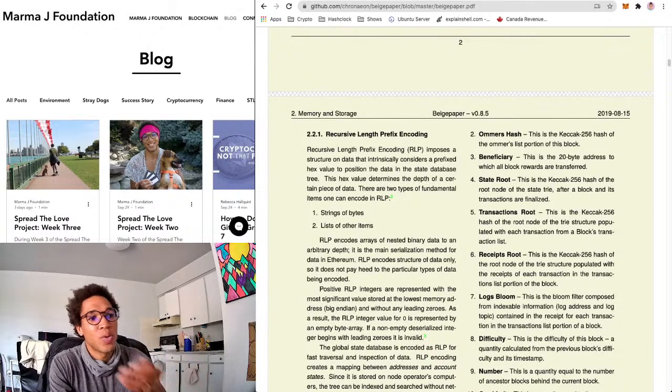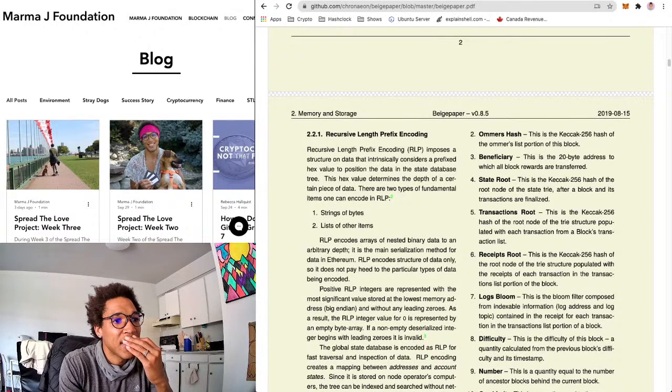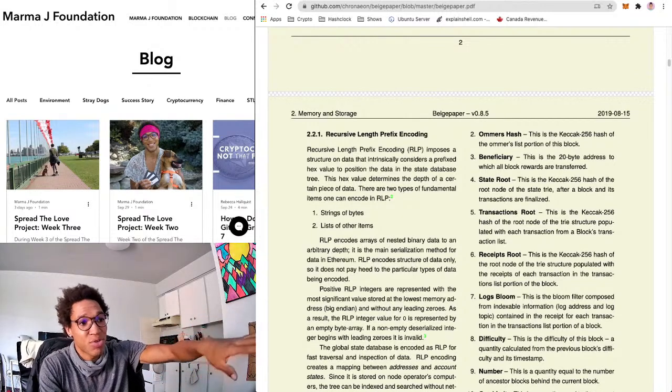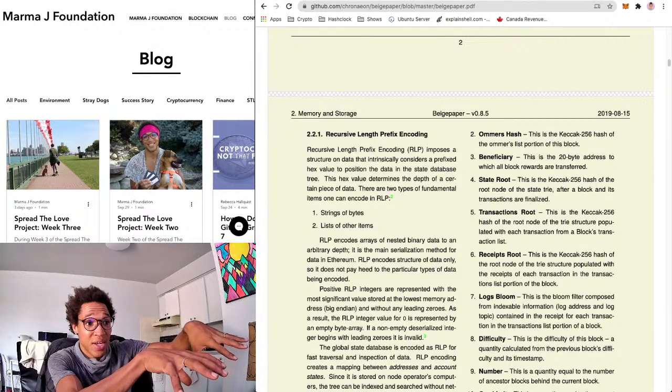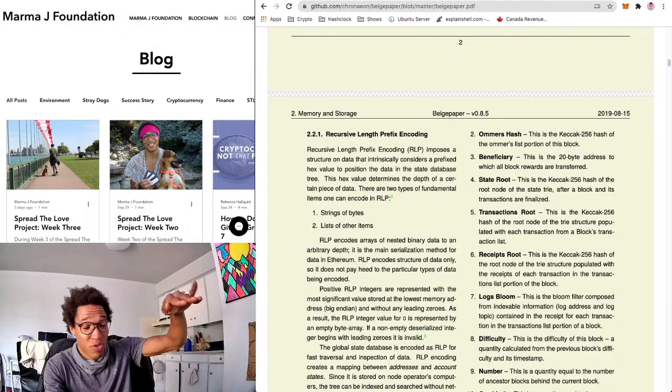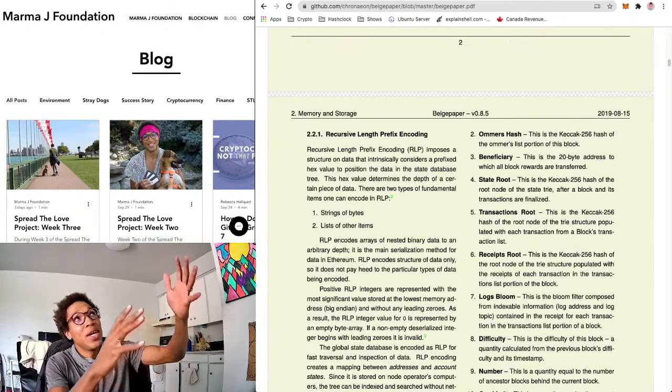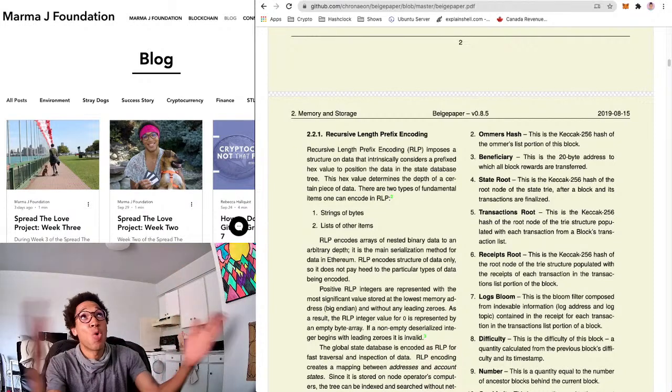And then, sorry. You have the transactions root. This is the hash of the root node of the tree populated with each transaction. Sorry, so that's where I was. So you have the state root and you have the transactions root. The state root is the root of the state, so you can find it. The transactions root is after all the transactions are in the block. Because when you have transactions, it doesn't really matter the order.